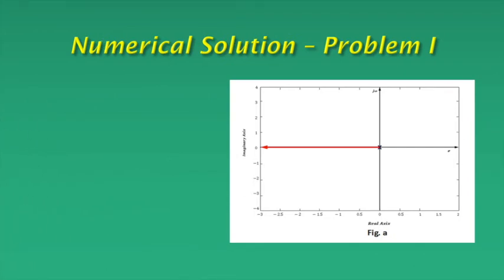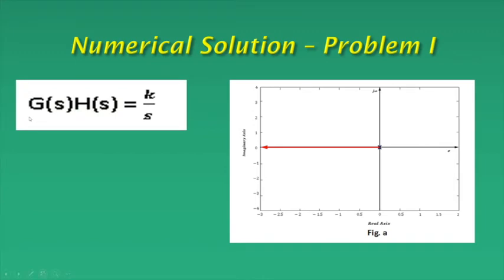I will give some examples of adding poles and zeros to this system. So let us consider this example: G(s)H(s) equal to K by s. That means only one pole is present, at the origin, s equal to 0, so this is drawn at the origin.